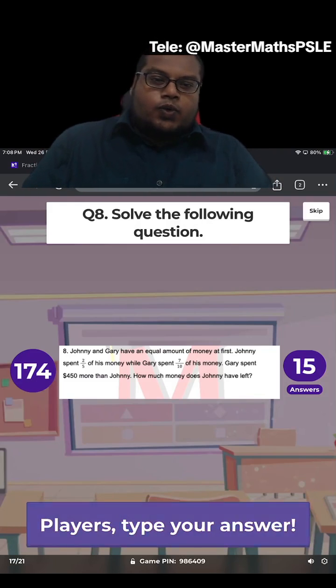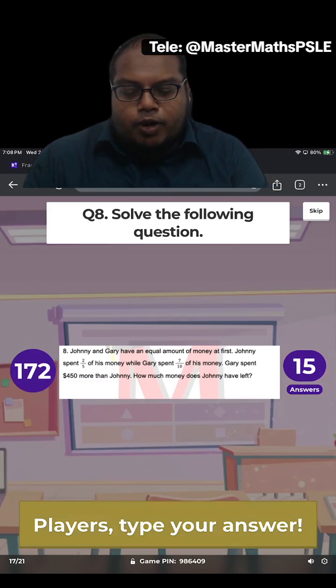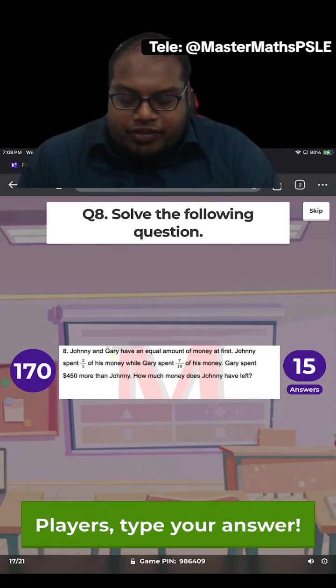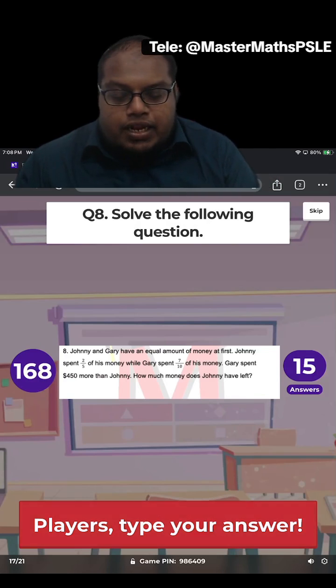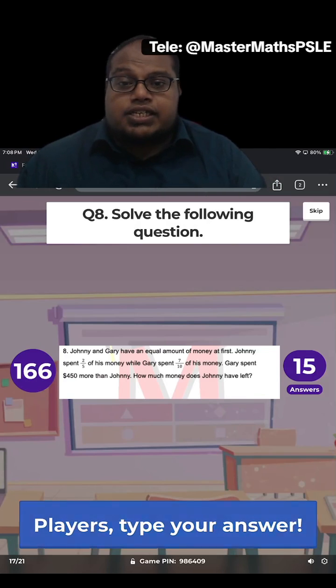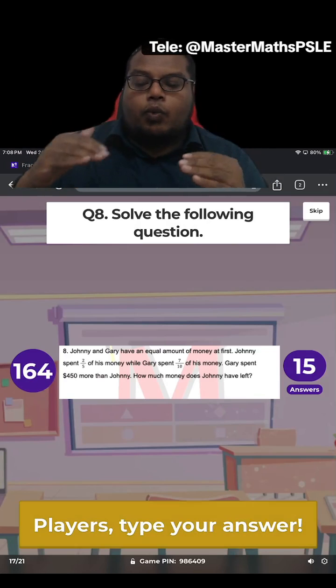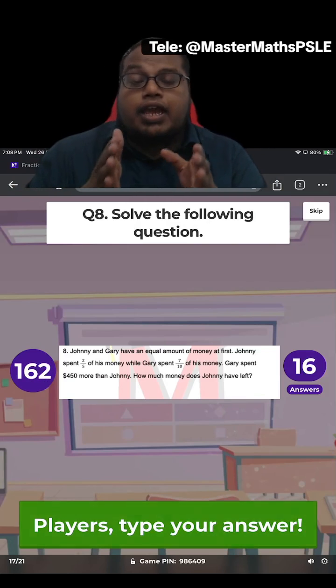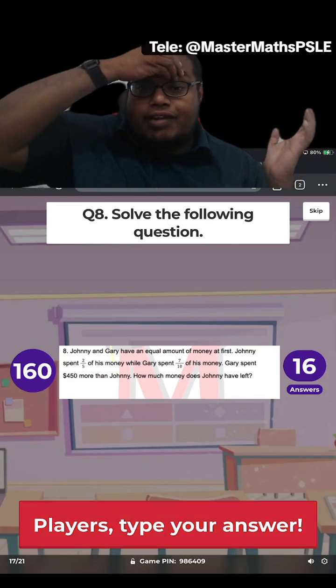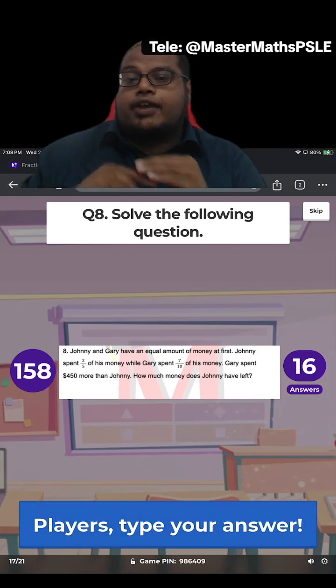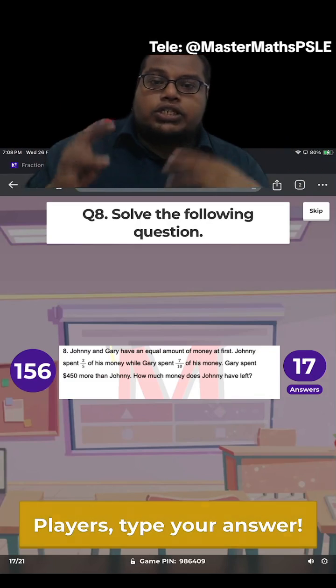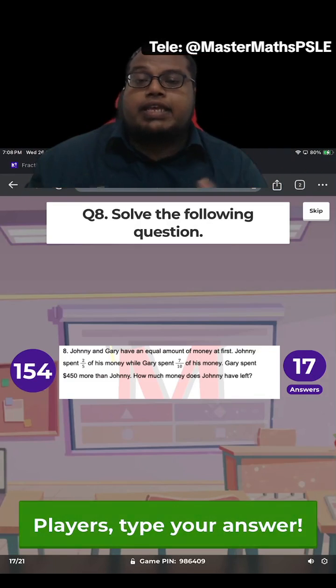How do we find the amount of money that Johnny has left? The main tip here is the first line, where they say Johnny and Gary have an equal amount of money at first. So looking at your fractions, which part is referring to the money at first?